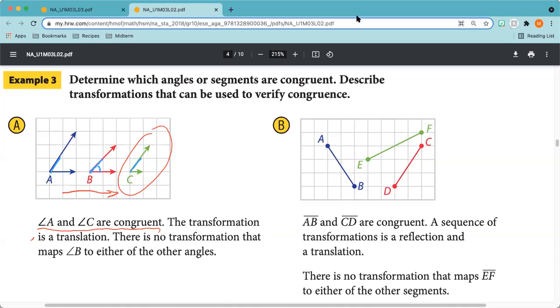The next one is segments AB and CD are congruent. Once again, we're going to call it the fake math because it's not really math. I'm just looking at it and saying, okay, I think this might work. So I have here's one, a little bit of another square, another bit, and another bit.